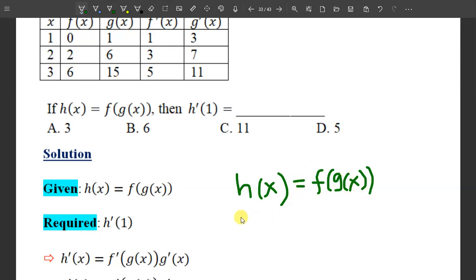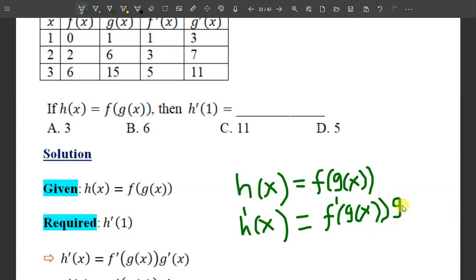Here h prime of x becomes f prime of g of x multiplied by g prime of x. That is called the chain rule, and therefore the derivative of h of x becomes f prime of g of x multiplied by g prime of x.